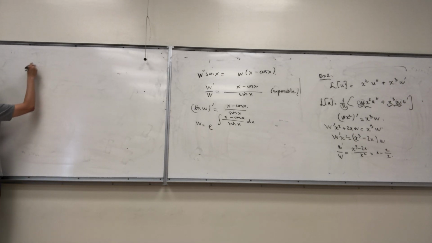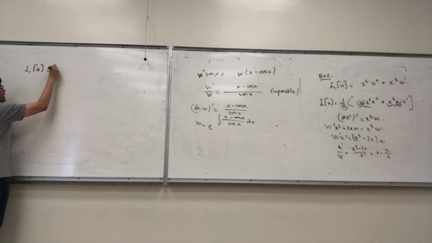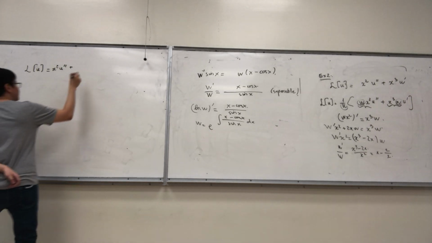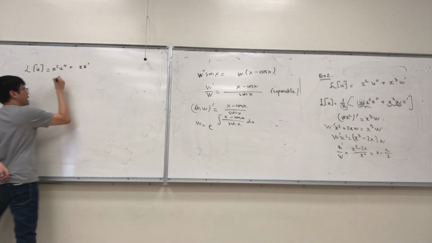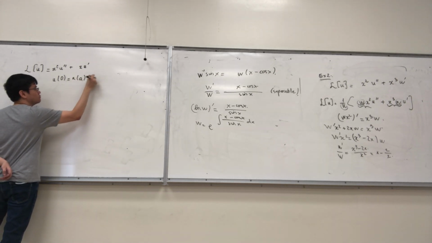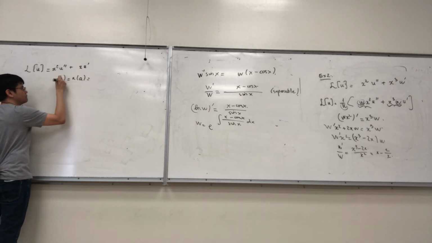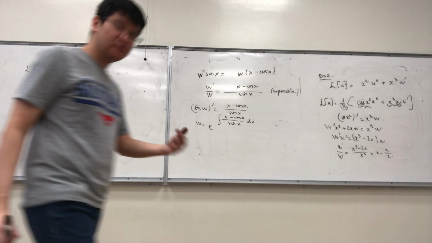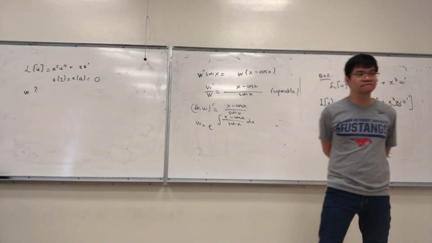You have Lu equal to x squared u second plus x u prime, and the condition at 0 and at a, at 1 and at a, will be 0. Now, what is the w that we choose? Any idea?